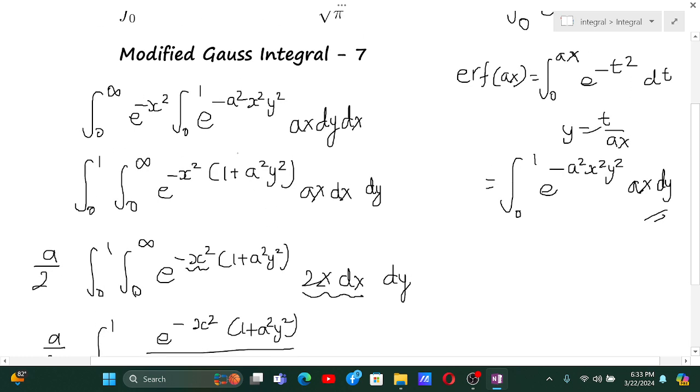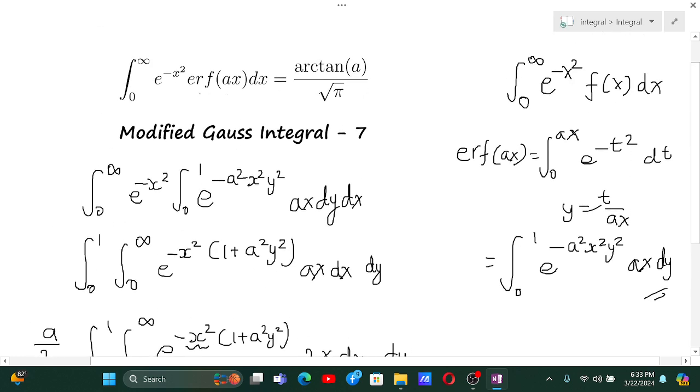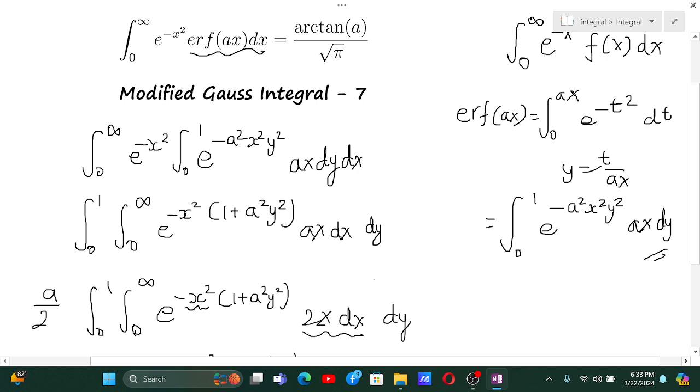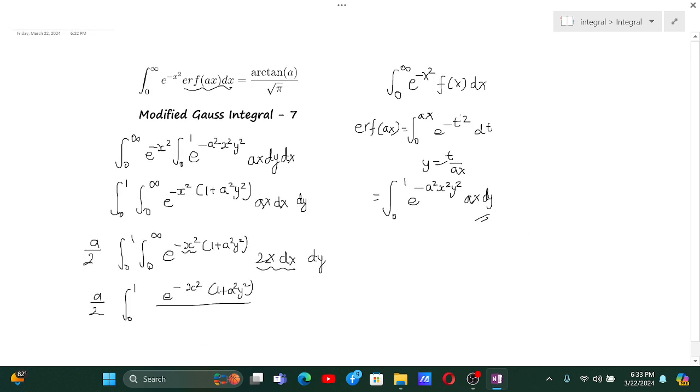And I forgot something. I just remembered that the erf function is not just this integral. The erf function is actually this integral times 2 by root pi.